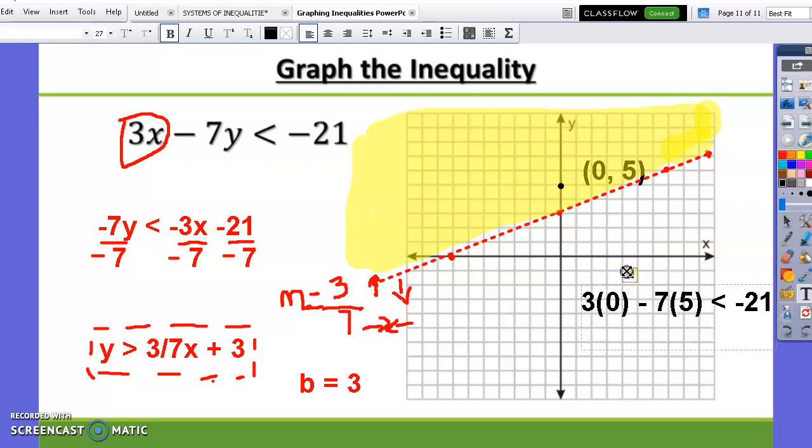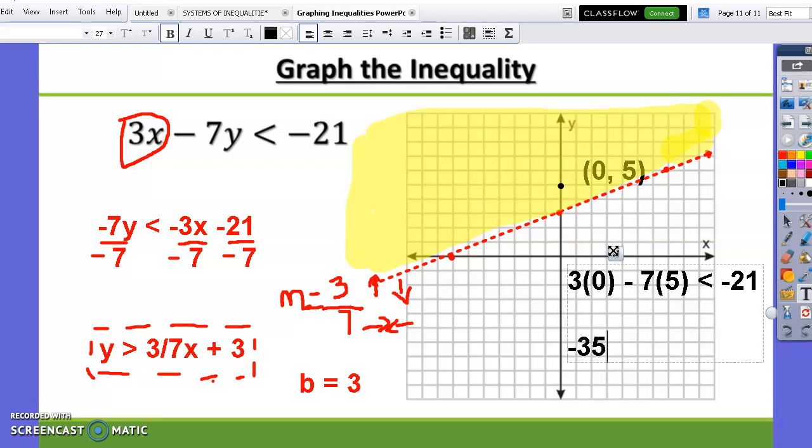Let's move this a little bit so we can see it. There we go. Sorry. So 3 times 0 is 0, minus 35. So we have negative 35 is less than negative 21. And guess what? That's true. So we shaded it in the right area. I know I'm right. This graph represents this inequality.